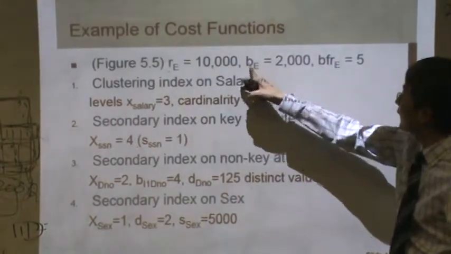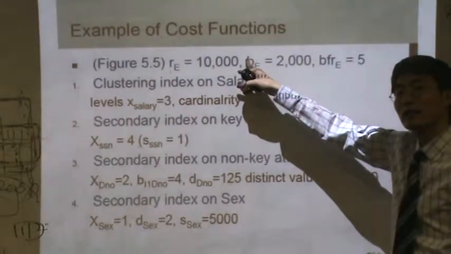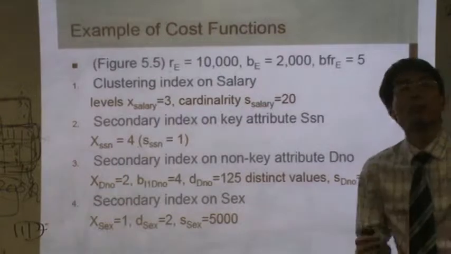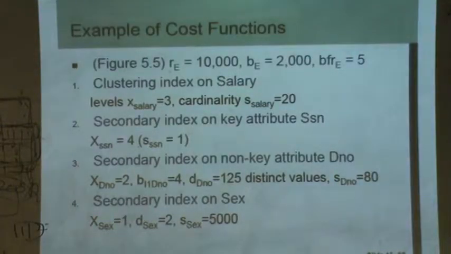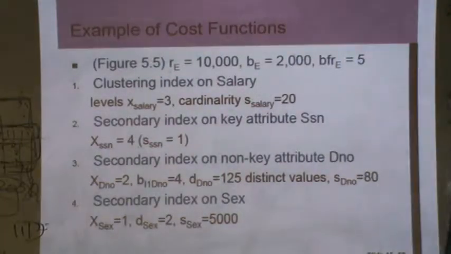And B_E means B indicates blocks, the number of blocks. It's 2,000 blocks. Then what is the blocking factor? In other words, how many records for each block? It's the number of records divided by the number of blocks, so you can get 5.